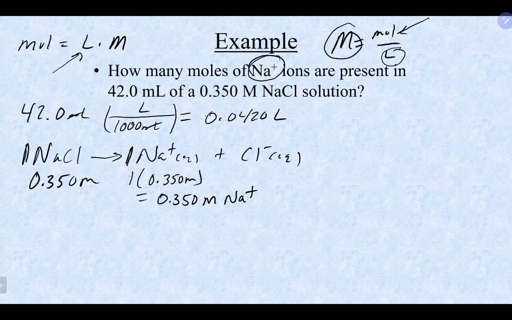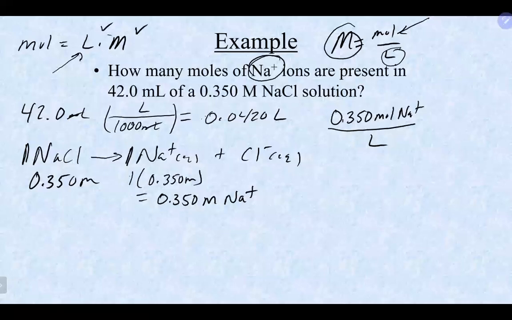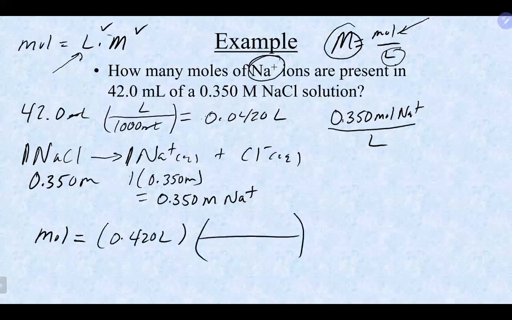Now, remember that we probably want to get rid of the big M. So that 0.35 molar means moles of sodium over liter. We can actually see both units there. We basically have both of these in what we need them. So the moles here would equal our liters, 0.0420 liters, times the molarity, where I can see both of the units there.